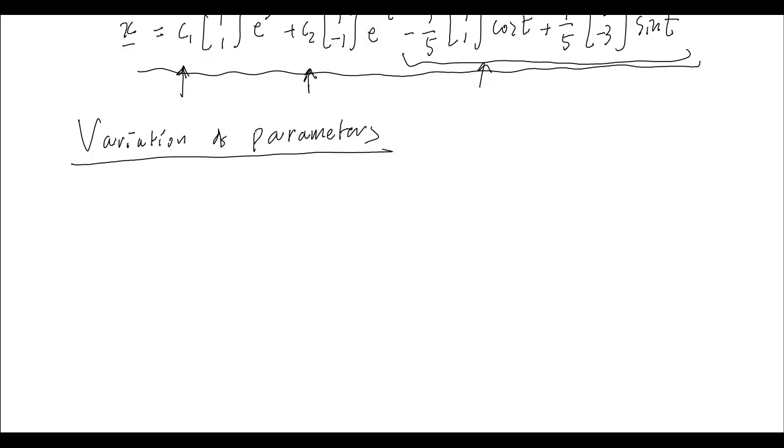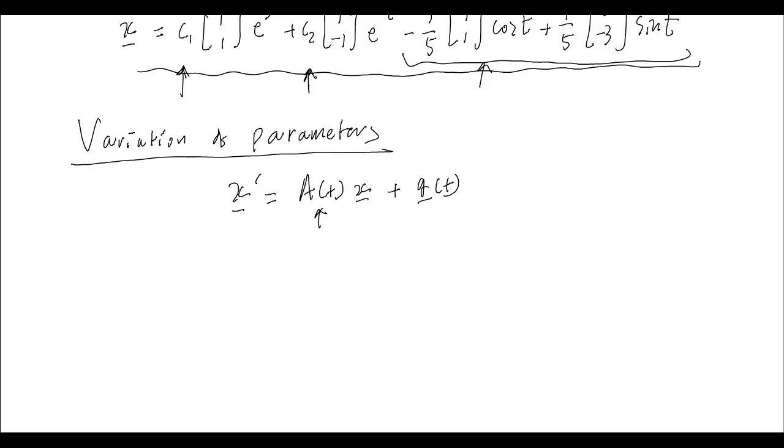It is applicable to a system with a variable coefficient, such as x prime equal to A of t x plus g of t. Here, the numbers in this matrix could be functions of t.